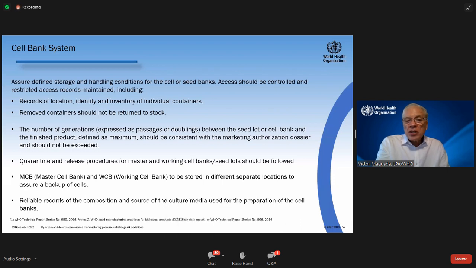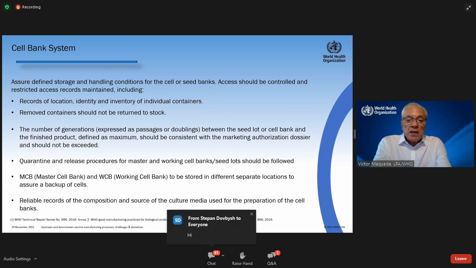The number of generations, expressed as passages or doublings, between the seed lot or cell bank and the finished product should be defined and should be set to a maximum. That should be consistent, of course, with the marketing authorization dossier and should not be exceeded.